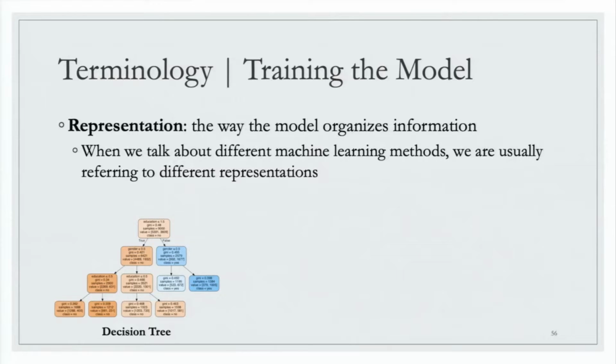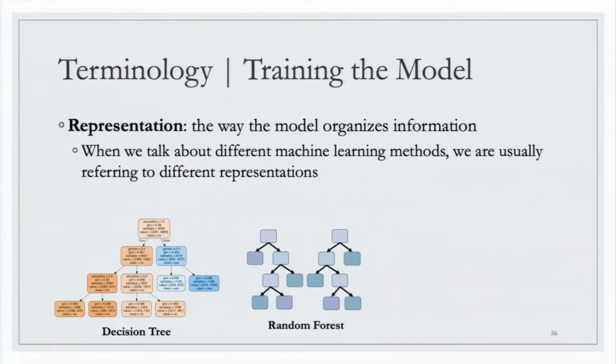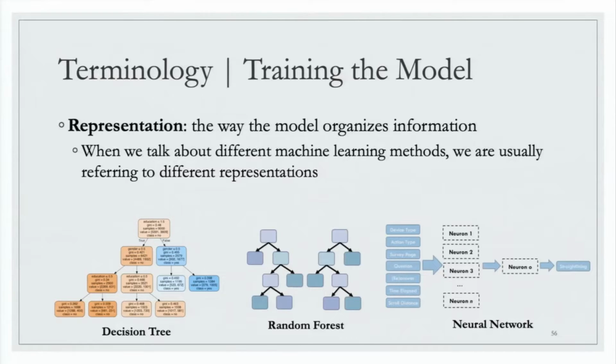That's what we call it in CS. So here we have a bunch of nodes that point to each other, and we can flow through this thing. Random forests are collections of those. Neural networks are these combinations of neurons and stuff. So each one of these different methods, we would say, is a different type of representation, different ways of thinking about the problem and storing what it learns inside the computer.